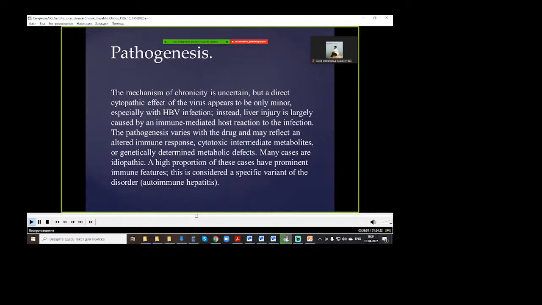The pathogenesis varies with drug, and many reflect an altered immune response, cytotoxic intermediate metabolites, or genetically determined metabolic defects. Many causes are idiopathic. A high proportion of these causes have prominent immune features. This is considered a specific variant of the disorder, autoimmune hepatitis.